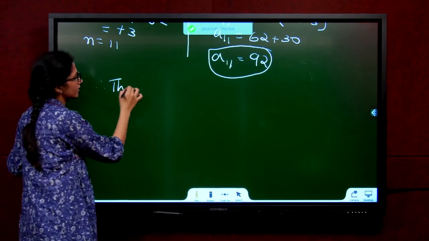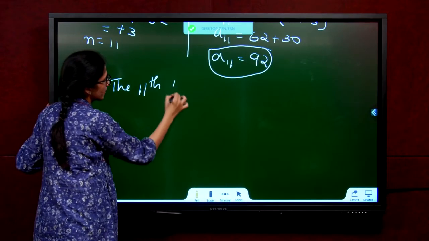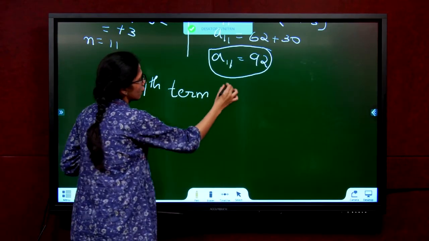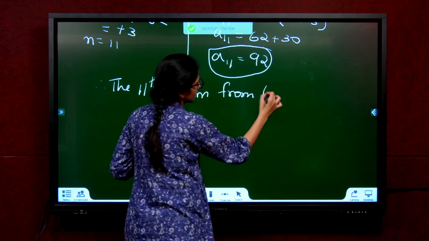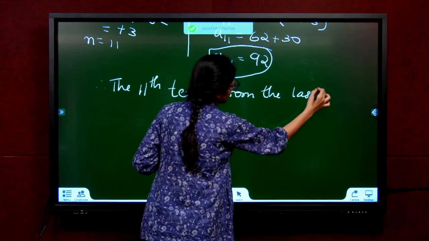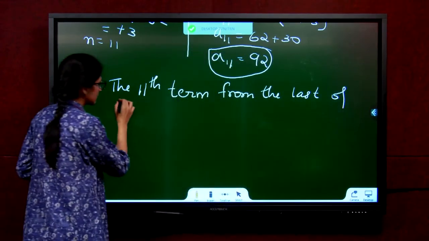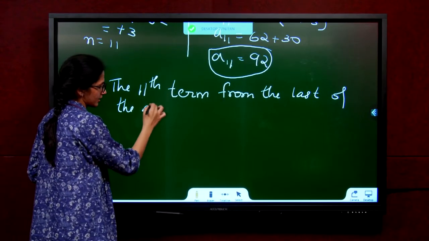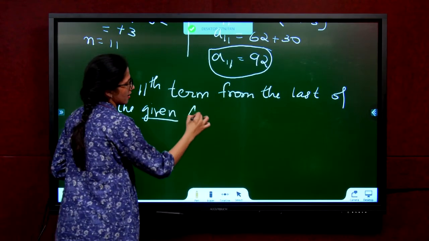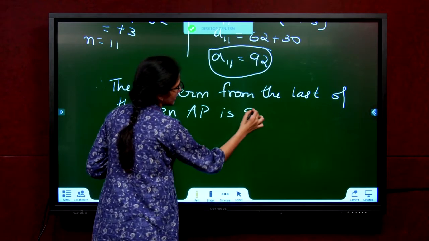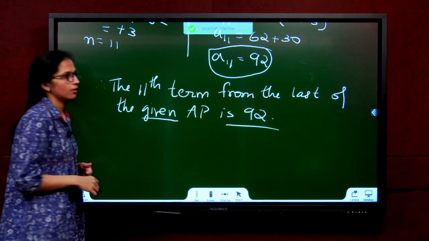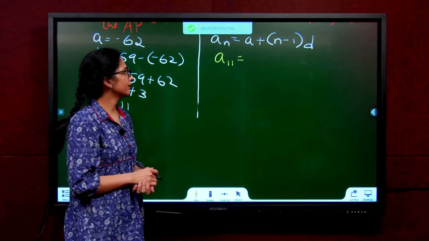Therefore, the 11th term from the last of the given AP, given means without you changing, is 92. Okay, you want a11.